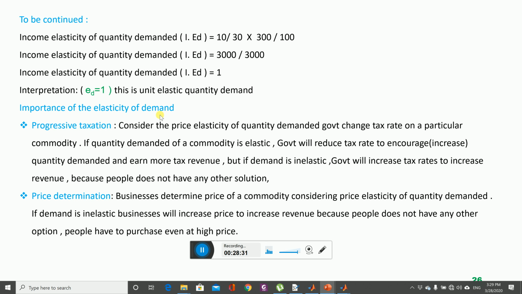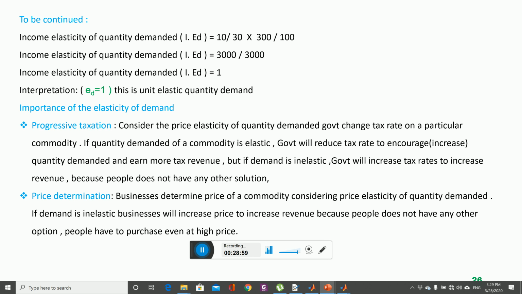The practical importance of the elasticity of demand: progressive taxation. It means when the government is planning to increase or decrease the tax rate on any particular commodity, the government keeps in mind the concept of elasticity of demand. If the demand for any commodity is very elastic, then the government has to decrease the tax rate on those goods and services.